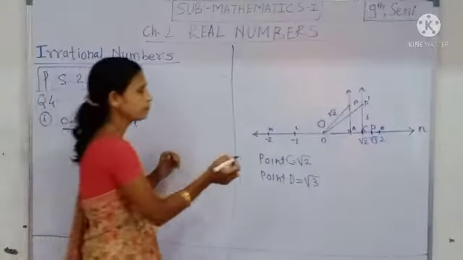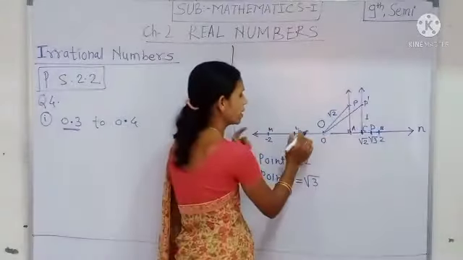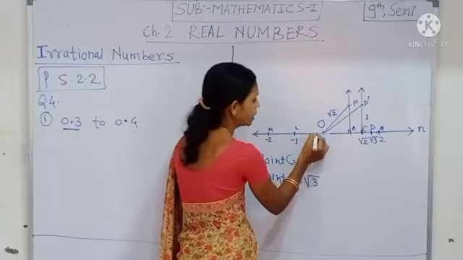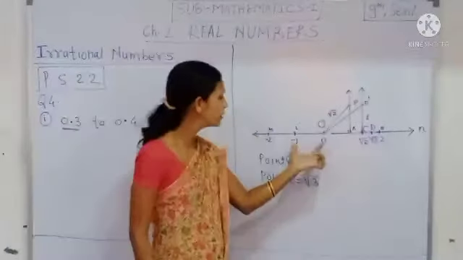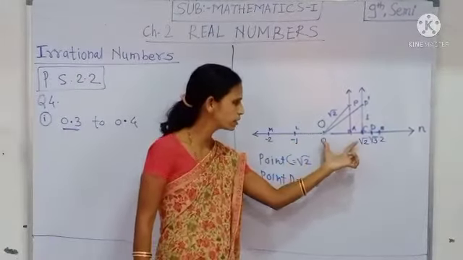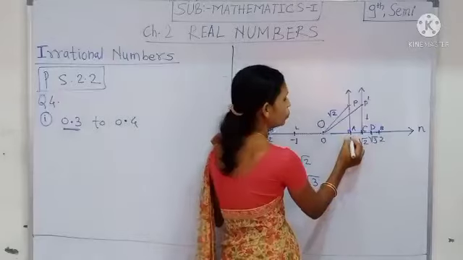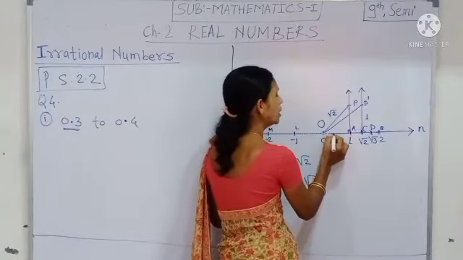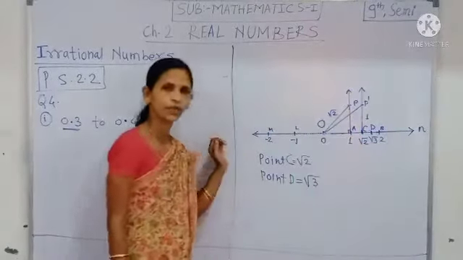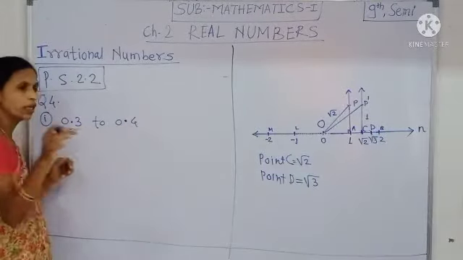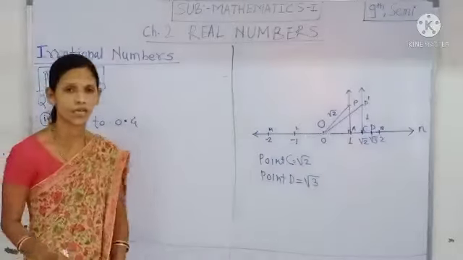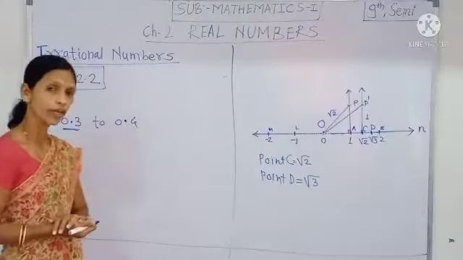See here, between 2 rational numbers there are infinite points, as well as infinite coordinate numbers lying between those rational numbers. Between 0 and 1 there are infinite rational numbers. Similarly, between 0.3 and 0.4 infinite rational numbers are there, and we have to find them.